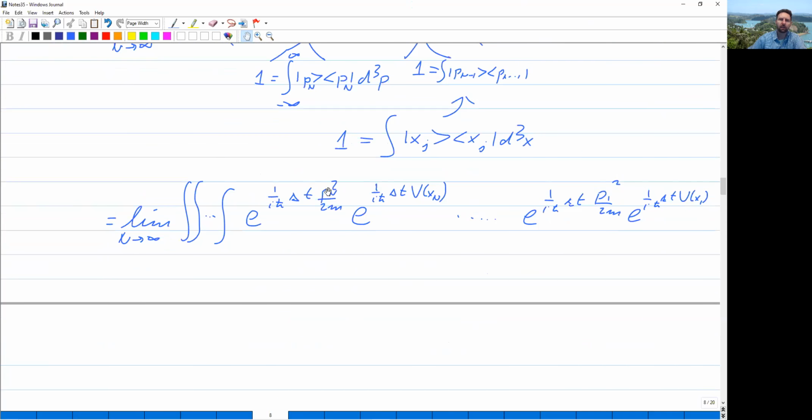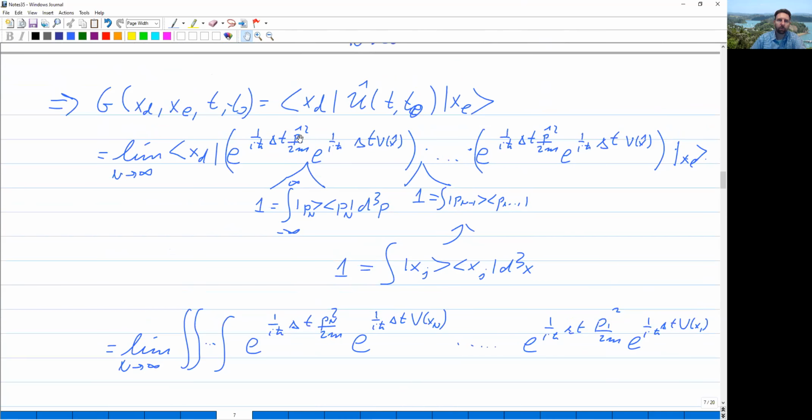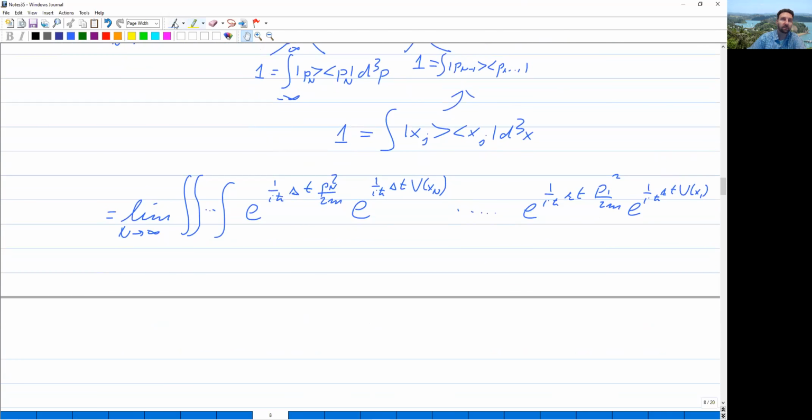So not only do these operator functions here turn into number valued functions after inserting so many resolutions of the identity, but we also get times, and then we have 1 over 2πħ to the power of 3/2 squared, because we have 2 resolutions of the identity, 1 for the position, 1 for the momentum. And then we also have to take it to the power of n, because we do this n times, right? So we get this factor here. We get this to the power of 3n.